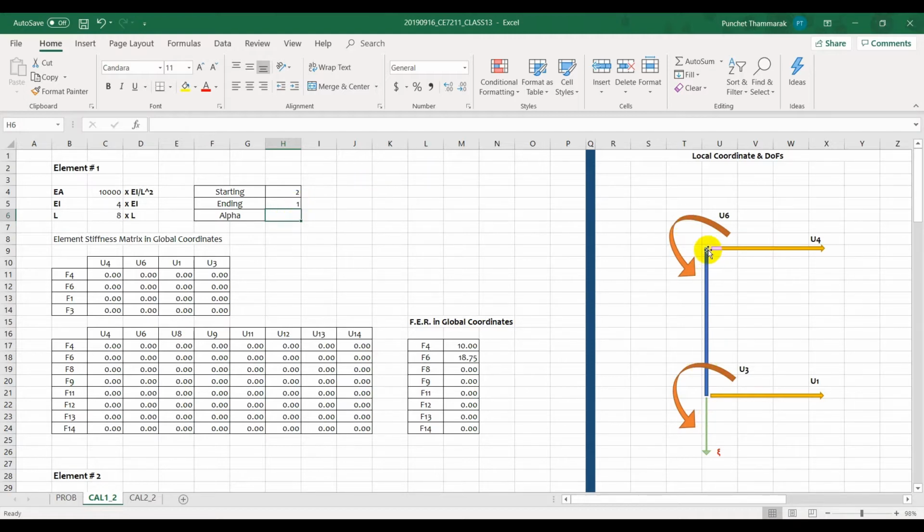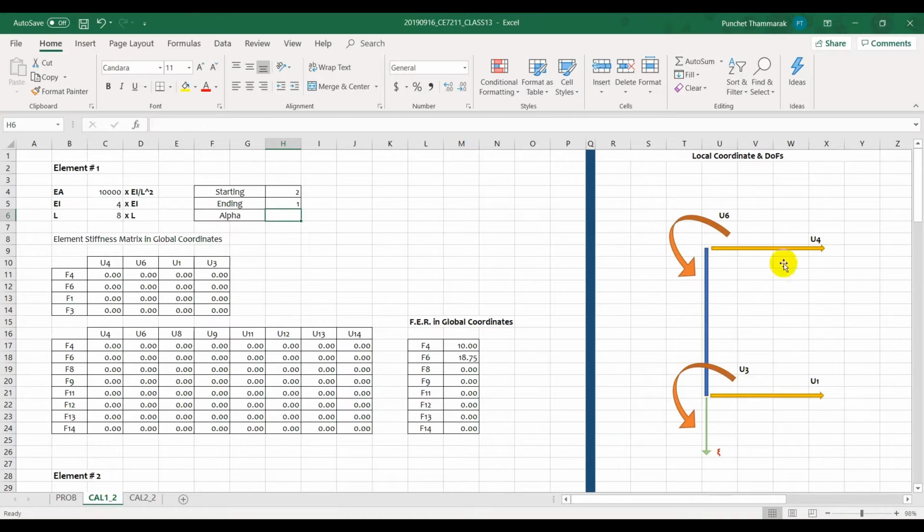I have the reason to set point number 2 as the starting node, because if it goes like this, you will see the transverse degrees of freedom go to the right-hand side, which is along the x-axis.